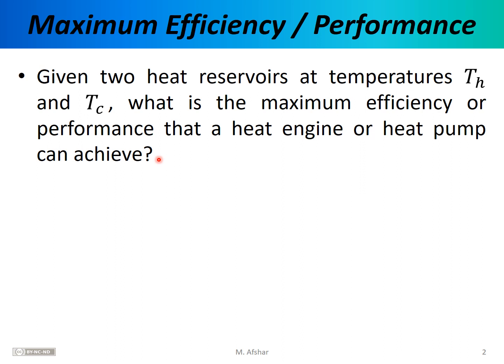So we're assuming we have two heat reservoirs. One of them is relatively hot, the other one's relatively cold, and their temperatures are fixed, and we have some working substance going through some thermodynamic cycle. Assuming the thermodynamic cycle is optimal, what is the best case scenario or maximum efficiency that we can achieve?